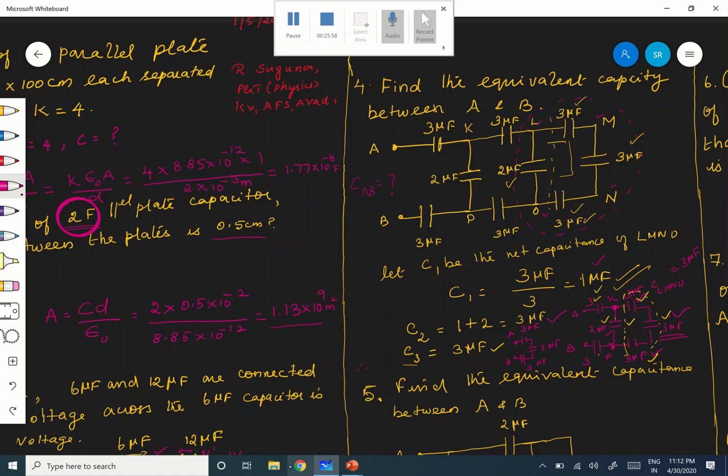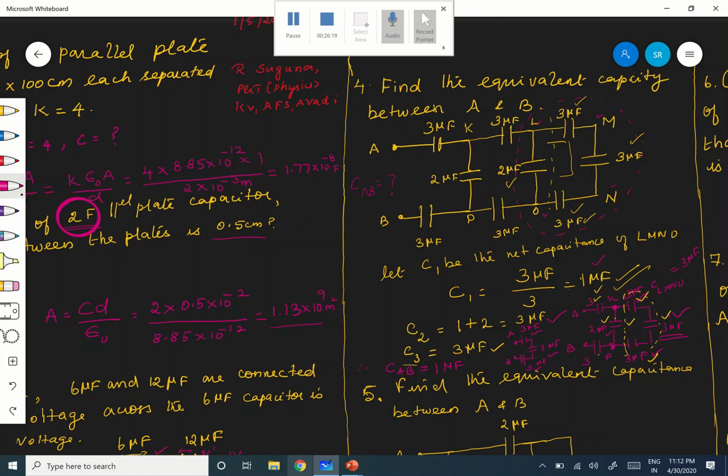CAB will be equal to 3 microfarad divided by 3, that will be equal to 1 microfarad.